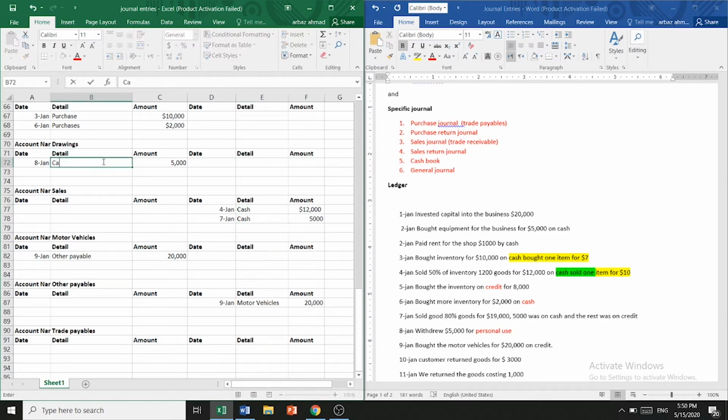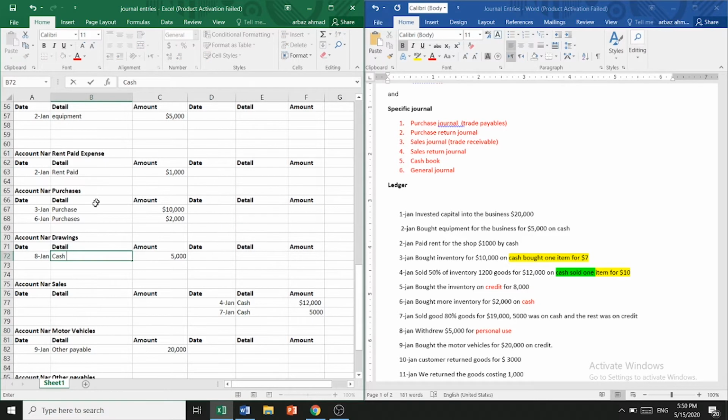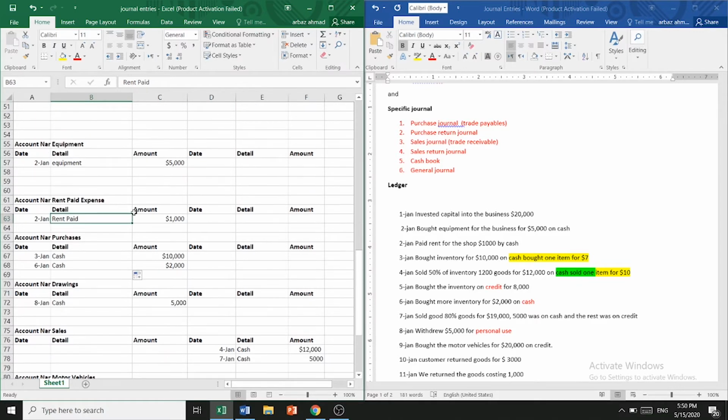Drawings is also supposed to be cash, and this is purchase, we have cash purchase. The reason I didn't take it into consideration is because I was using the copy-pasting method, and this is the problem with copy pasting. If you are trying to do things faster, you will end up screwing everything.